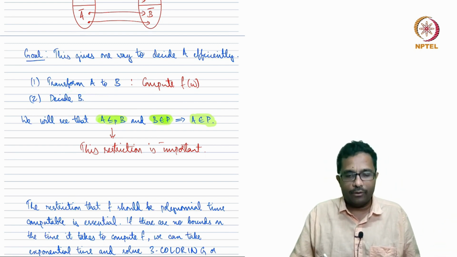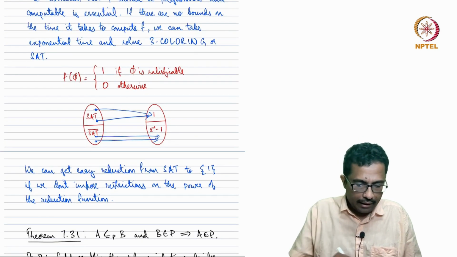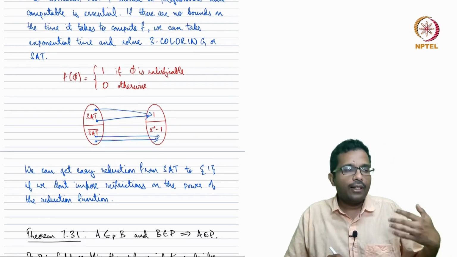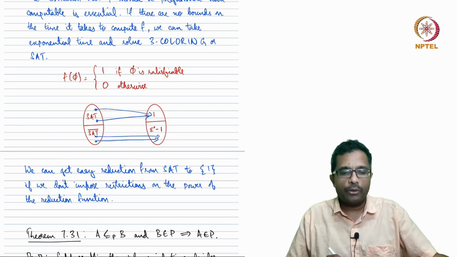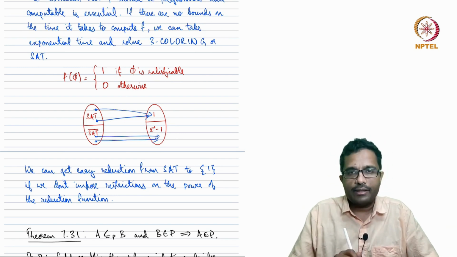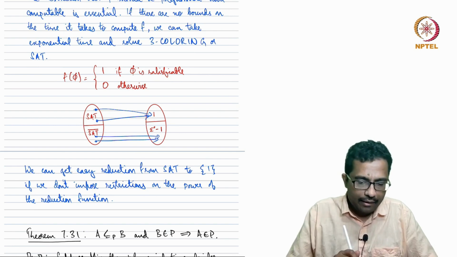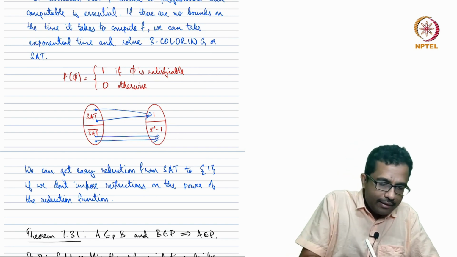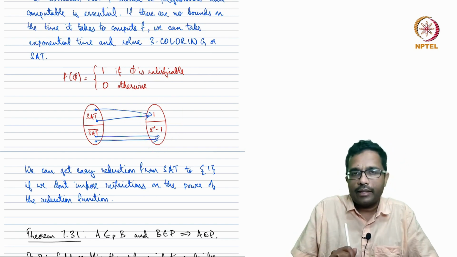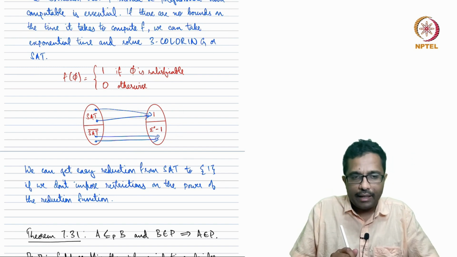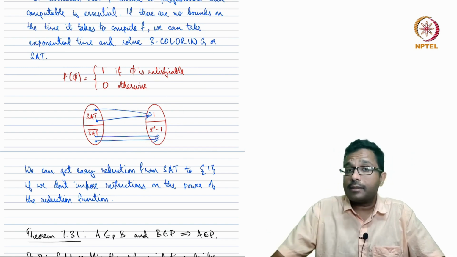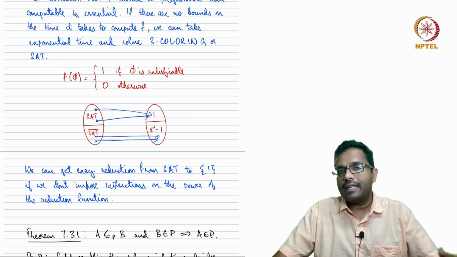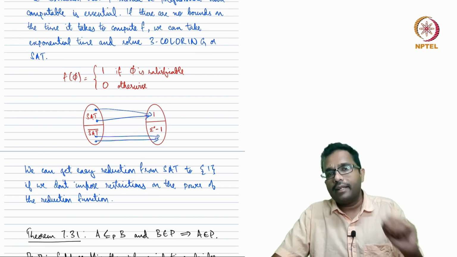really meaningful. Like we have here, if I am not restricted in the time, I could easily compute the reduction from SAT to some trivial language like 1 and 0, and it's easy to decide between 1 and 0. So now we have reduced SAT to a language that is easy to decide, but then the reduction takes exponential time. So we cannot hide the complexity of the problem in the reduction.